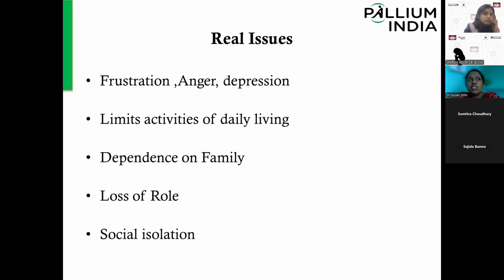When the patient becomes bedbound or is not able to take decisions, the patient has lost their role in the family, and there is social isolation, not able to attend any social functions. Nobody is coming to their home to see them, and there is no social engagement for the patient. That will result in social isolation. So these are the real issues they are facing rather than the physical symptoms.